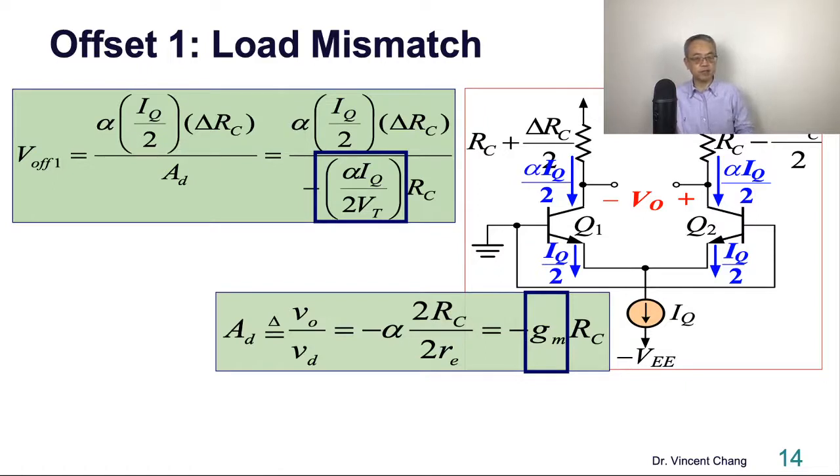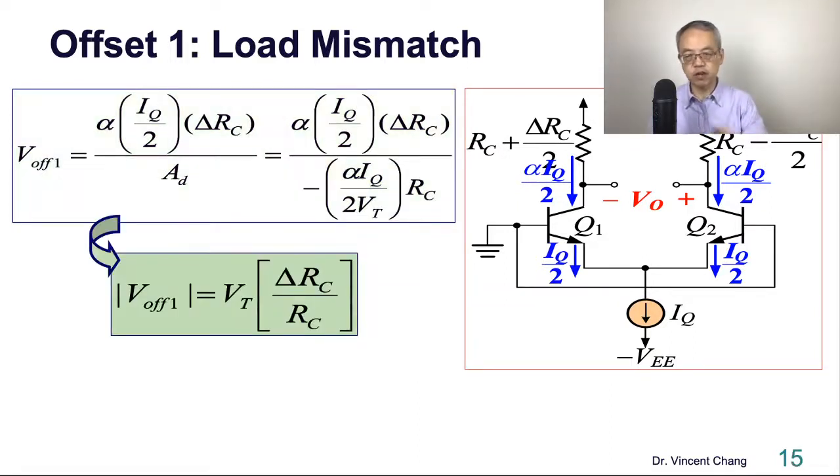The collector bias, alpha IQ divided by 2, where IQ represents the constant current from the current source. And temperature gives the thermal voltage. Then here's the outcome: thermal voltage times the fractional change of the collector resistance, delta RC divided by RC.